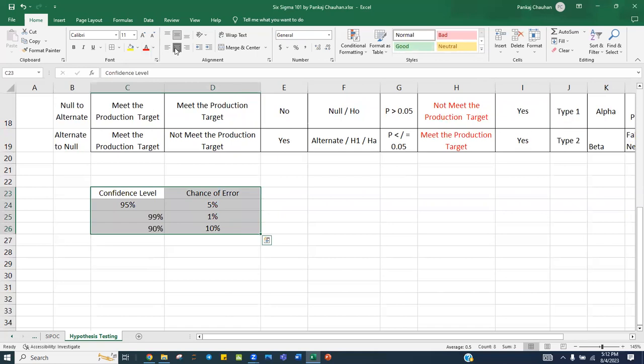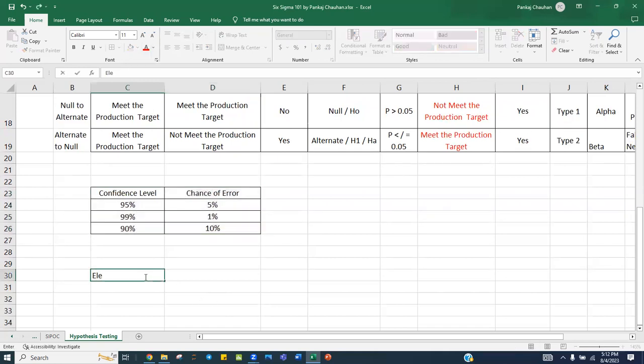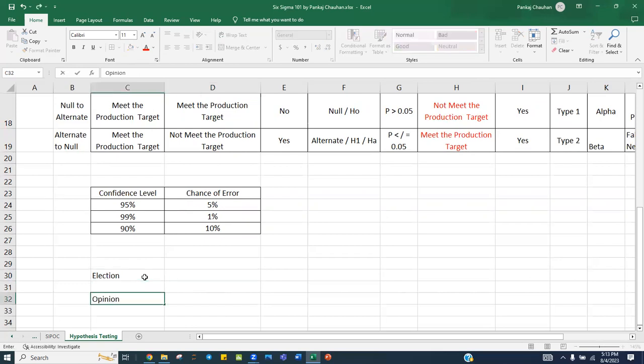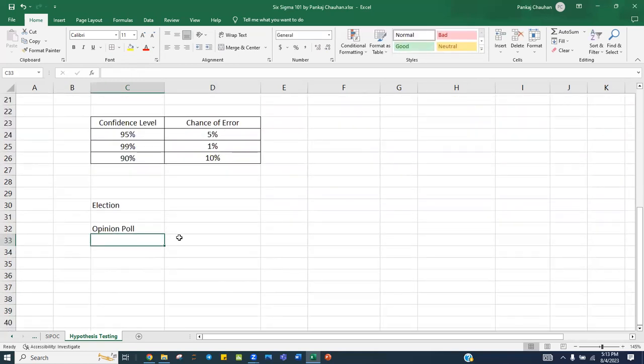The best example for this: suppose there are elections happening and many news channels or survey agencies publish opinion polls. They will not go and talk to each and every person. They will just ask a few of the voters, and based on that, they will make their assumption about who is going to win a particular constituency.